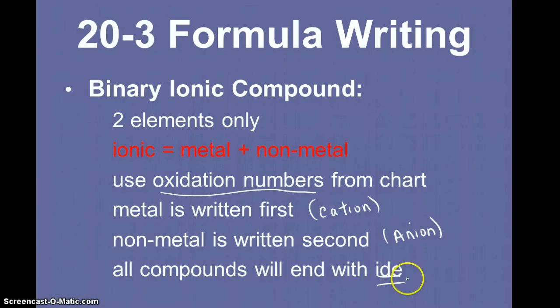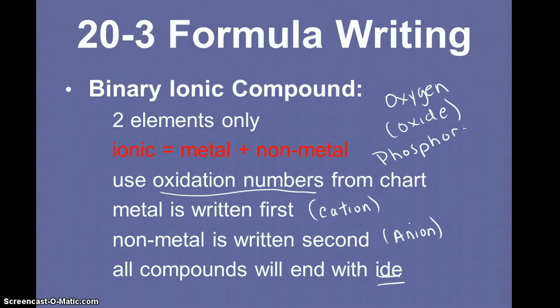Okay, IDE. For example, if you had oxygen, that is a nonmetal, and it was the second element of this binary compound, you would say oxide. Another example, phosphorus. Again, another nonmetal. All compounds, again, end in IDE. How would I say that?